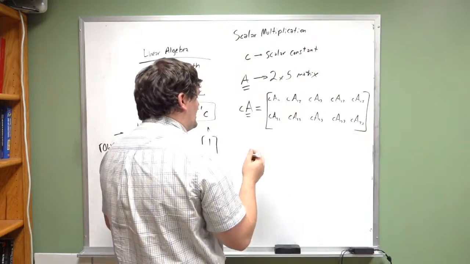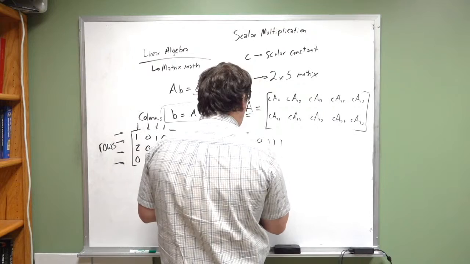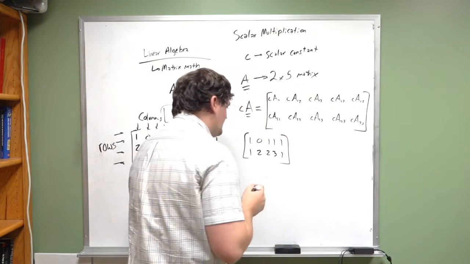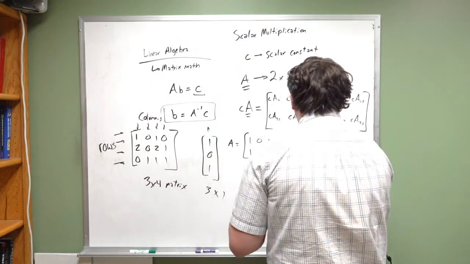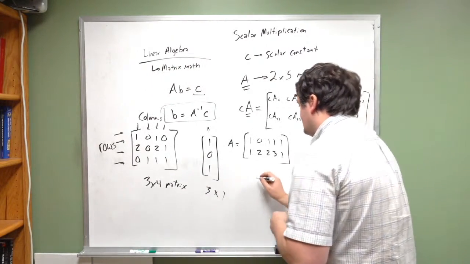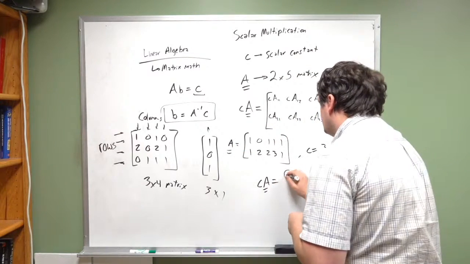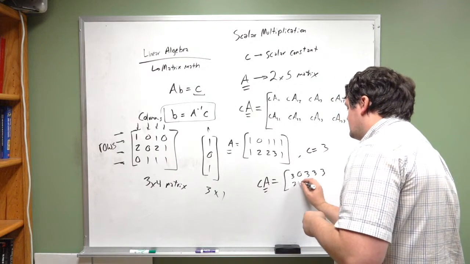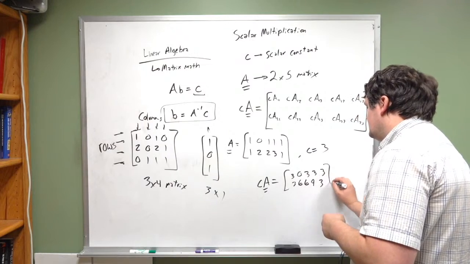So if my A vector is 1 0 1 1 1 1 2 2 3 1, and my C value is equal to 3, then C times A is equal to 3 0 3 3 3 3 6 6 9 3.